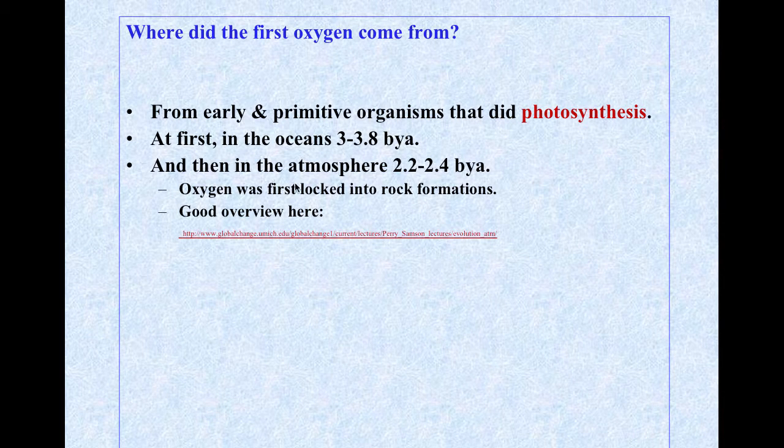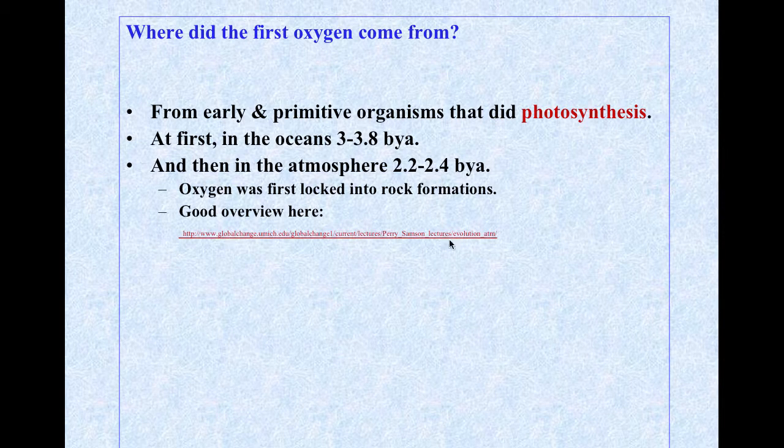And then initially the oxygen was locked up into rock formations in a mechanism that's explained for you in the textbook. But eventually that became saturated, and so oxygen atoms and molecules were left to begin collecting in the atmosphere. So then you had the buildup of atmospheric oxygen.